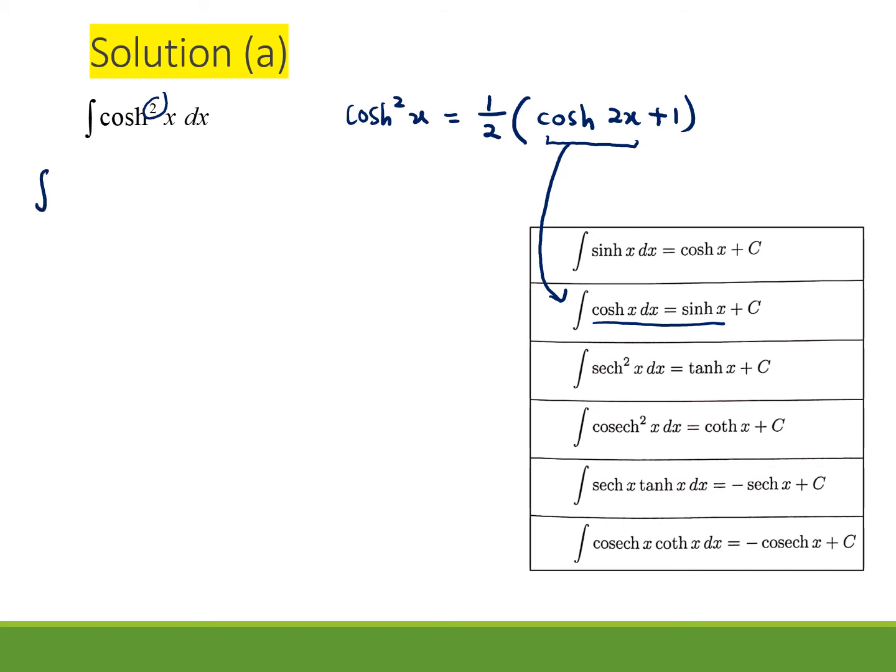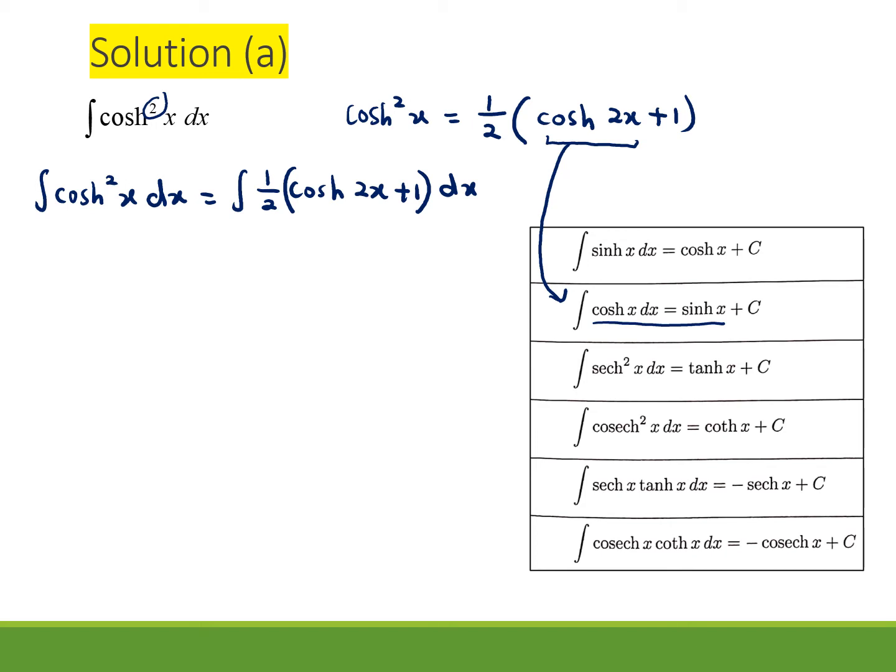Okay, then the next step is to substitute this into the form of identity. So we can integrate 1 over 2 times cos hyperbolic of 2x plus 1 dx.